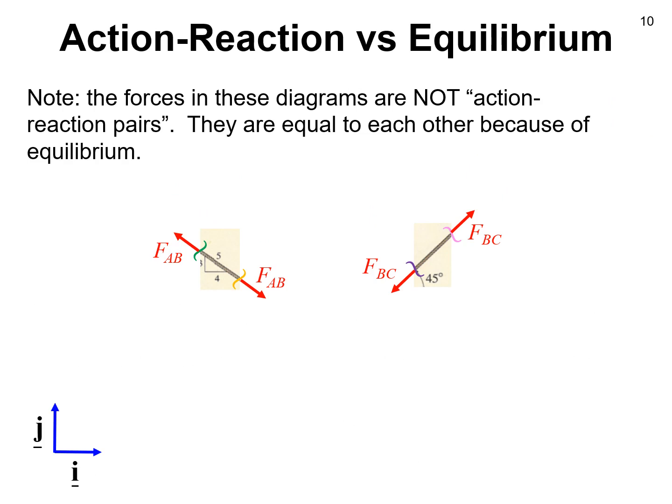I want to make another note before we go on. Some people say in these diagrams that the forces in each diagram are equal because of the law of action and reaction, but in fact, look carefully, the colors of the tilde are different.